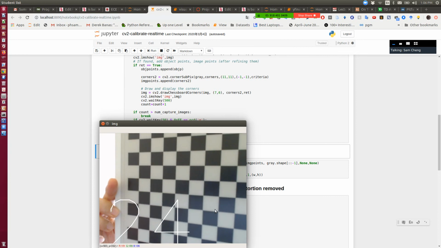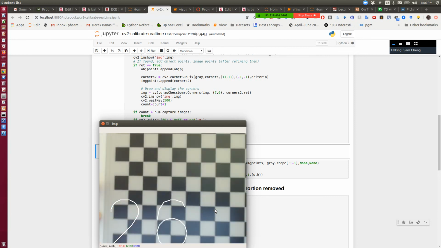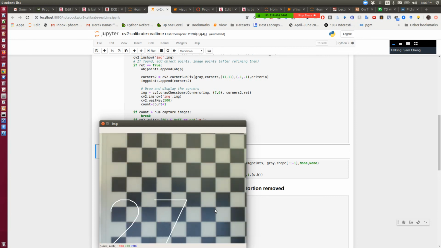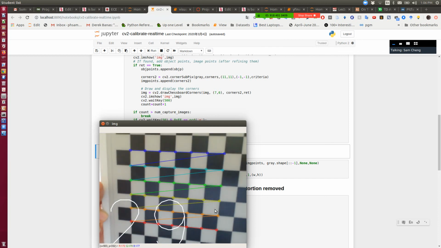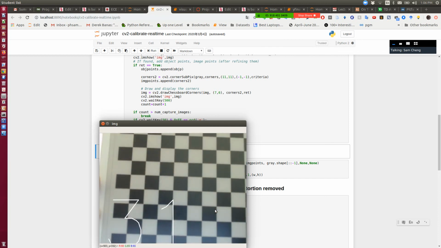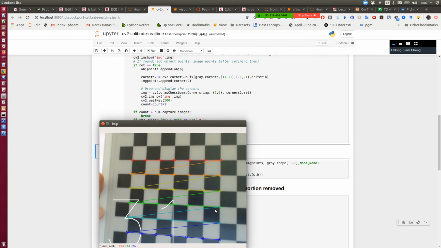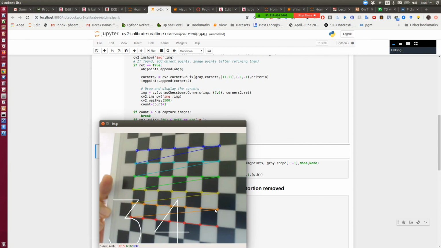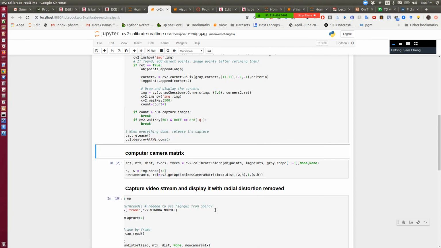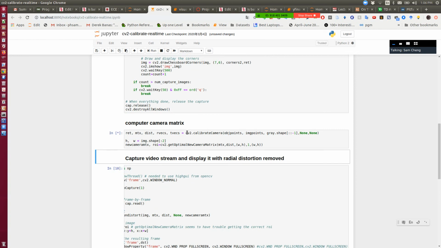I think I set it to 45 or something. Maybe this is the suggested number of points, but it takes so long to get enough points here. Okay, I'm almost done, I think. Yes. So the camera matrix, using this calibration, will take a while, I guess.